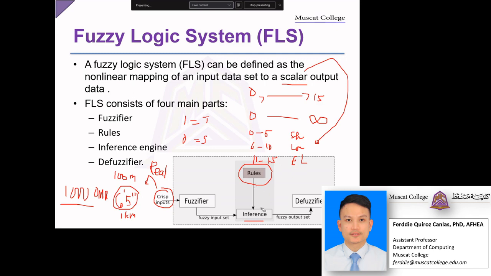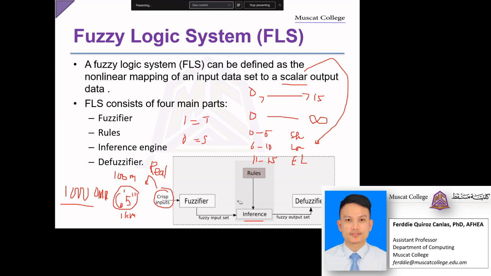After passing these values into the inference engine, and we determine the decision or conclusion based on the rules, we can now defalsify them. Defalsifying means from 1 and 0 values, we will convert them back into their original form. So we will convert the values obtained from the defalsifier into real life values, like 1000 OMR again, or 700 OMR, 95 meters.